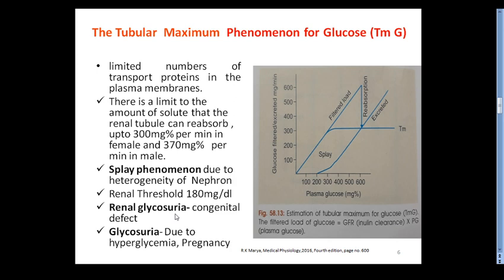So in a person with a congenital defect, even though the plasma glucose level is less than 180 mg per dl, because of the lesser absorptive capacity of the PCT, glucose passes into the urine, and there is the clinical condition of glycosuria.